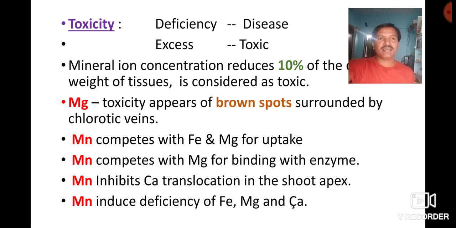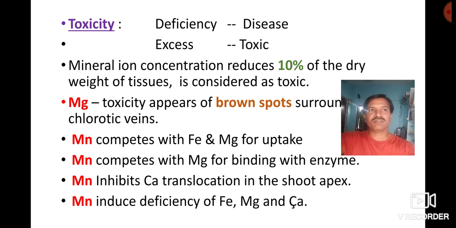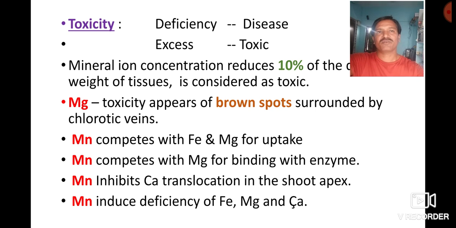Deficiency of these elements leads to disease, and excess of elements leads to toxicity. A mineral ion concentration that reduces the dry weight of tissue by 10% is considered toxic. 10%, very important.